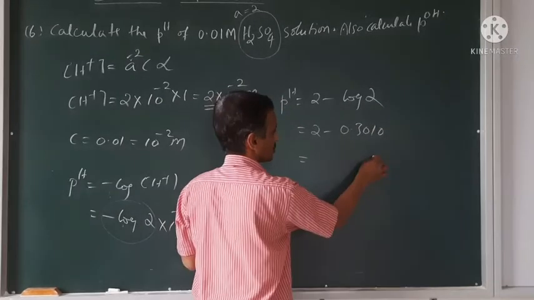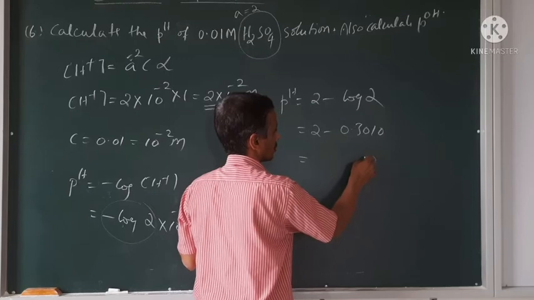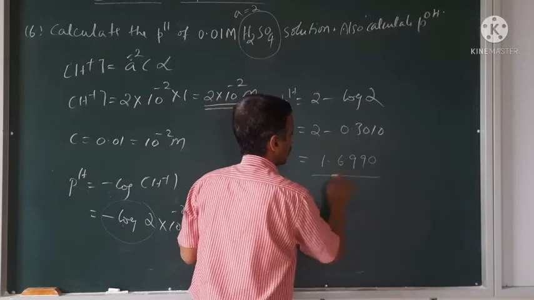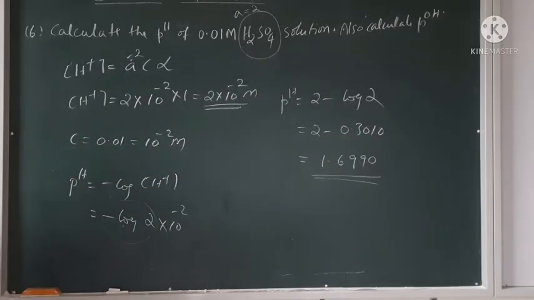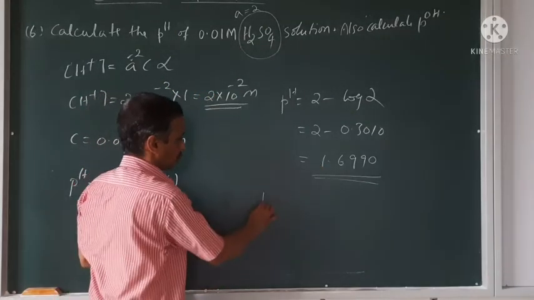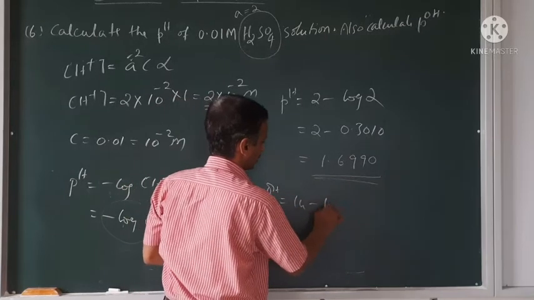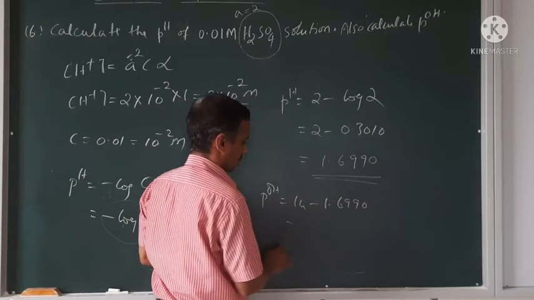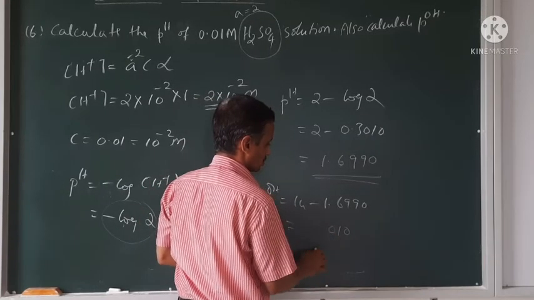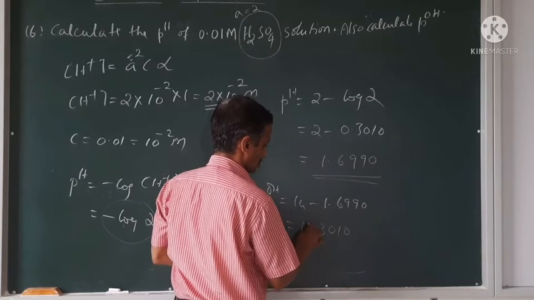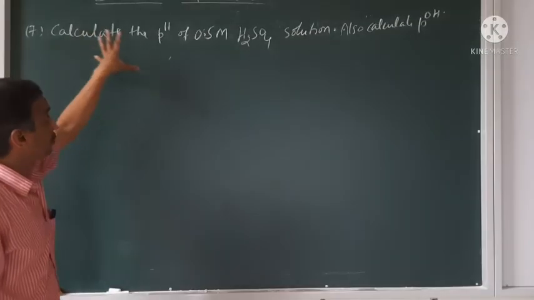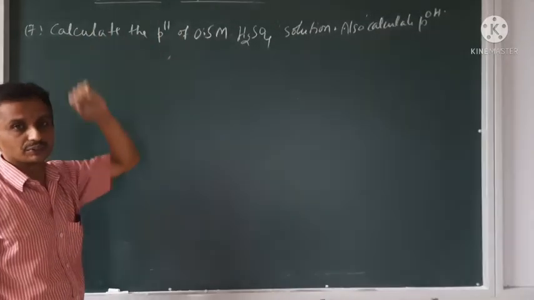Get the answer, 1.6990. That is the answer for this 0.01 M sulfuric acid. pOH is equal to 14 minus this 1.6990. That is the answer, 12.3010.